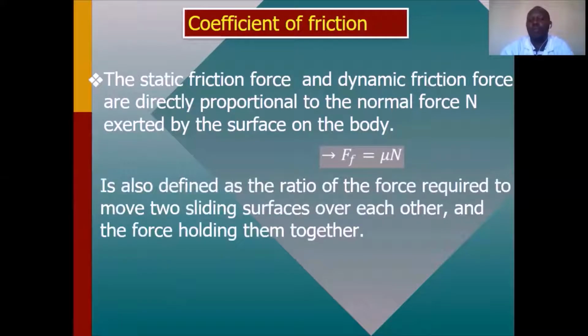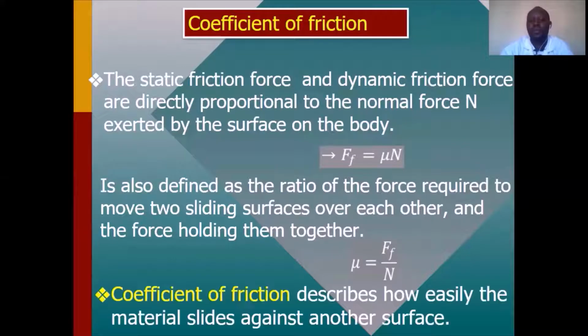It can also be defined as the ratio of the force required to move two touching surfaces over each other and the force holding them together. That is friction force over normal force. So the coefficient of friction describes how easily the material slides against another surface.